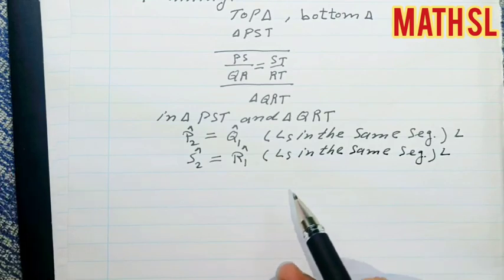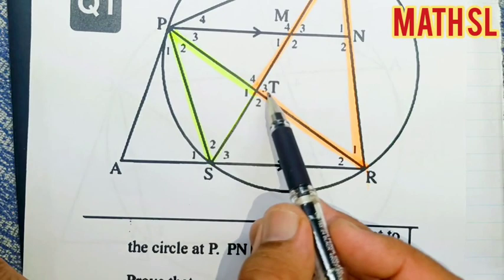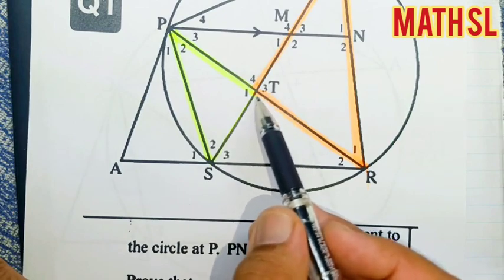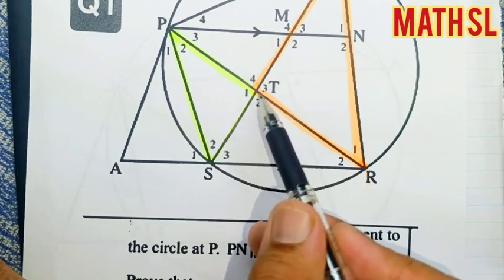Now the last one I don't even need to look, I know T1 is going to be equal to T3 because they are vertically opposite angles, but even if we know the reason, we always write third angle of triangle.